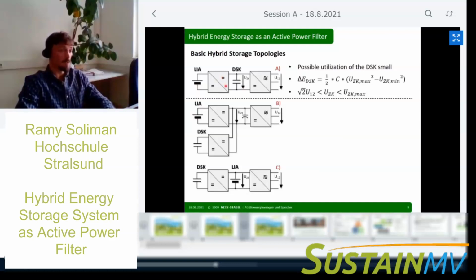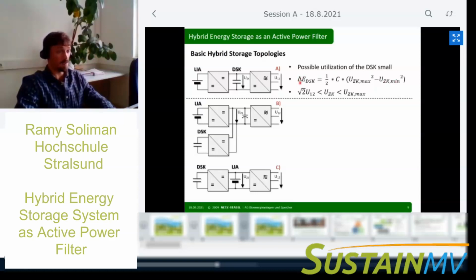In example A, we have the supercapacitor in the DC link, and the battery is connected via the DC-DC converter. In this case, the possible utilization of the supercapacitor is very small, because the energy in the supercapacitor is defined by the square of the possible voltage difference, as you can see in this equation.